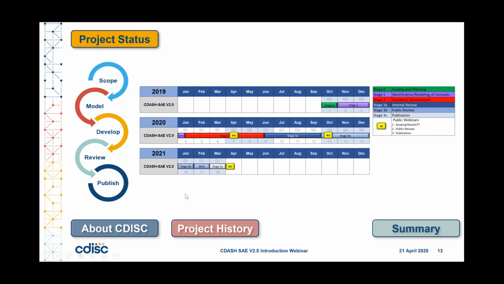That will take us into January, February next year, and then we'll move into our publication phase in March, where we intend to do a third publication webinar as well. So we should have quite a nice series of webinars for people to follow.